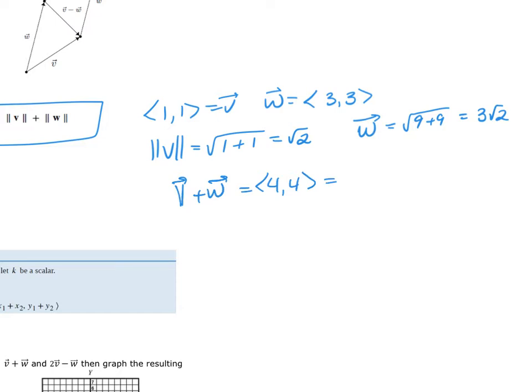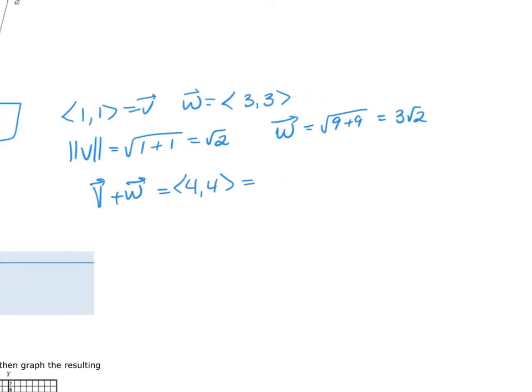Now when I do this magnitude, I'm going to have the square root of 16 plus 16, which is going to give me 4 root 2. The magnitude, well, actually, that's just that. And then I should say, because they're not equal, the magnitude is equal to that.